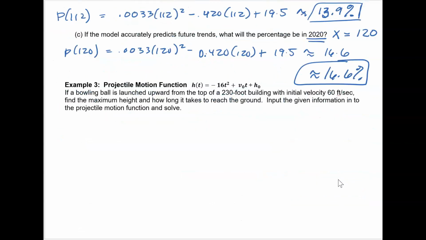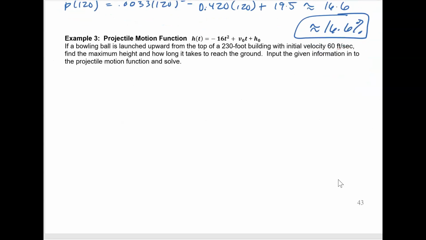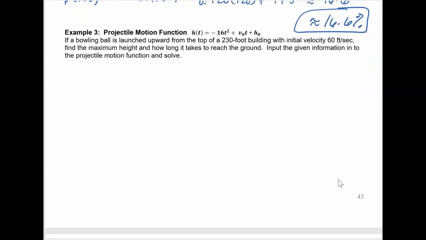Okay, so we've got one more story problem for quadratics, and there's one like this in the homework, so I definitely want to get to this one. Projectile motion function. This is a general function that you can use anytime you've got projectile motion, which just means that something is being thrown up in the air, or thrown in general.